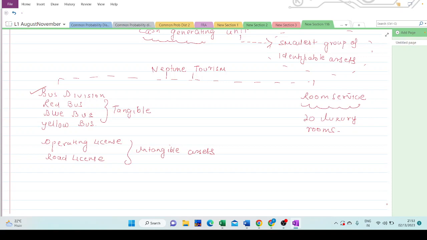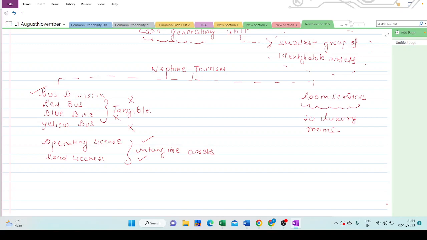Now let us look at the second angle. Say the company does not have any buses, it only has licenses. Will licenses only be considered cash generating, guys? No. Licenses only won't be considered cash generating, because licenses need to be supported by buses to generate cash.